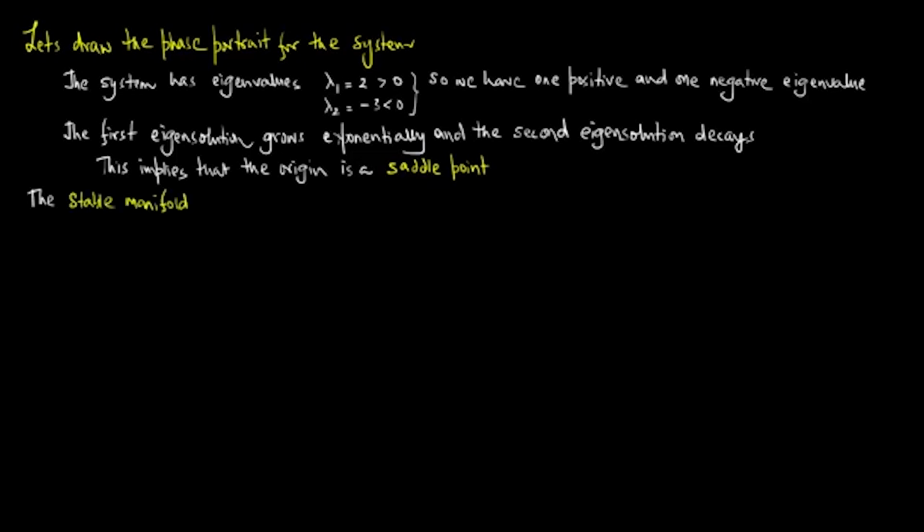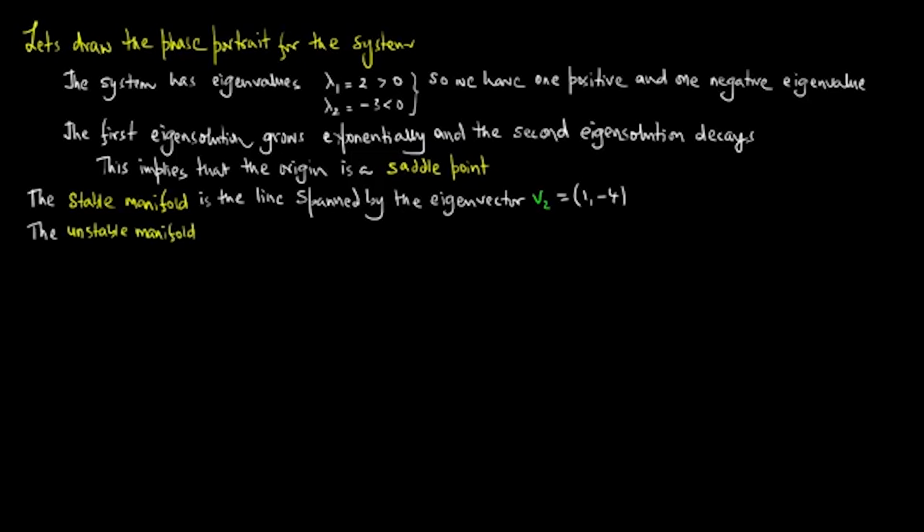The stable manifold is the line spanned by the eigenvector V2 is equal to 1 minus 4, and the unstable manifold is the line spanned by the eigenvector V1 is equal to 1 1.